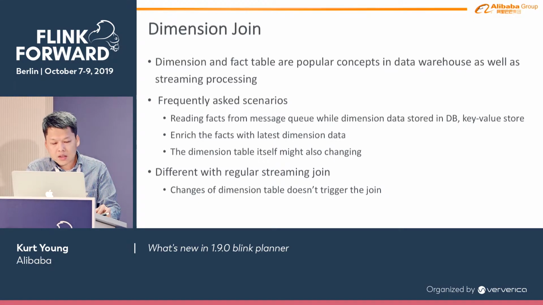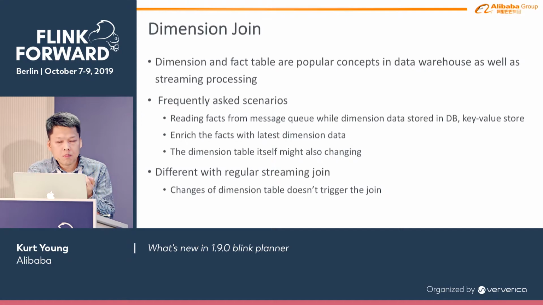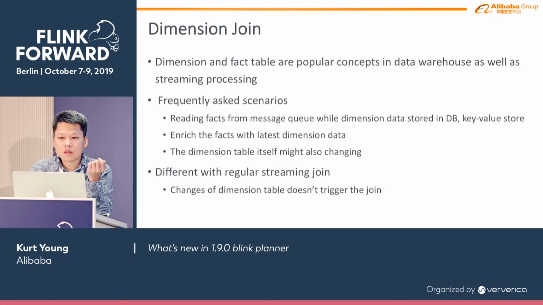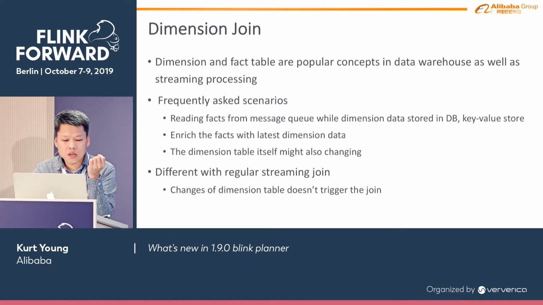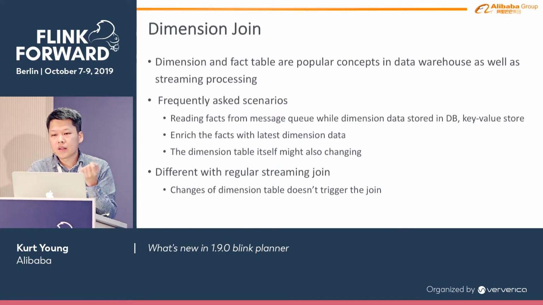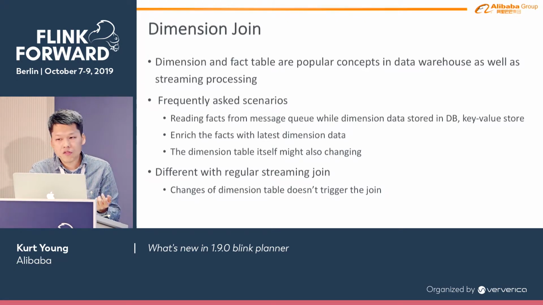The most frequently asked use case is that the user has an unbounded fact table stored in some message queue like Kafka, and they have some static table, static data. They want to enrich the fact data with the static data. Sometimes it is stored in files, or in some database, or in some key-value store like HBase.